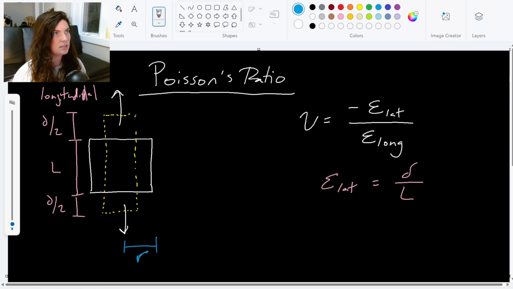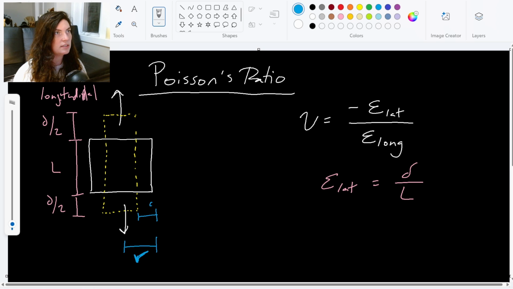So some radius R of the pipe, which then gets skinnier as we're pulling it. It's getting skinnier, so it's actually losing this distance here, which is why we have the negative sign in this equation, because we want the Poisson ratio to come out to be positive. So this is a negative because this displacement goes inwards.